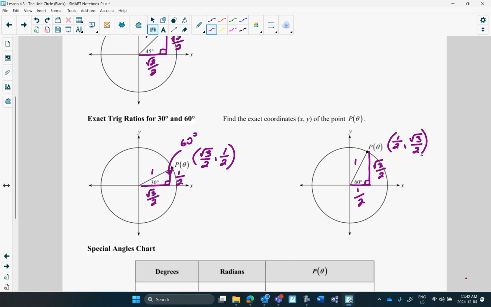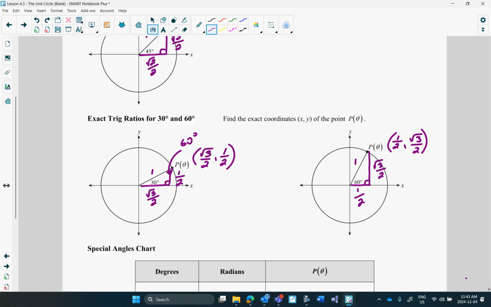So you just found 3 of them. We did this last year. All I'm doing is taking the triangles I created on the previous page and plugging them in here. That's all I'm doing.